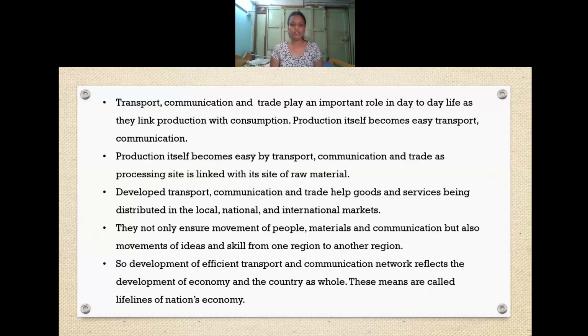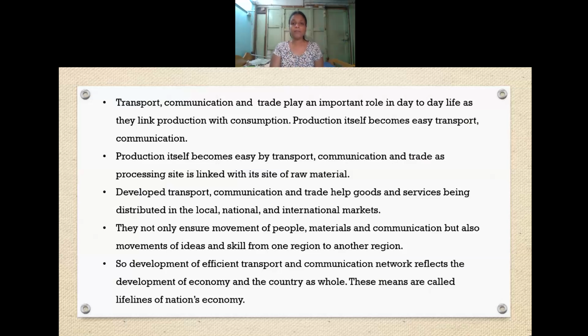So development of efficient transportation and communication network reflects the development of economy and the country as a whole. If we see an efficient transportation, good transportation facility, good communication facility, that reflects that the country is moving towards development as well as a developed economy. So these means are called the lifelines of national economy.